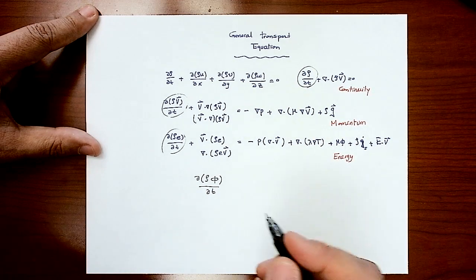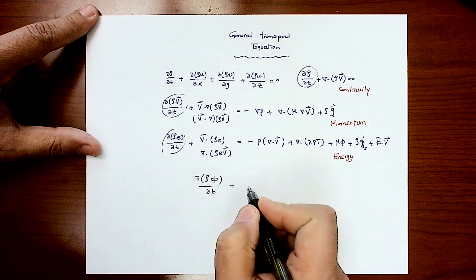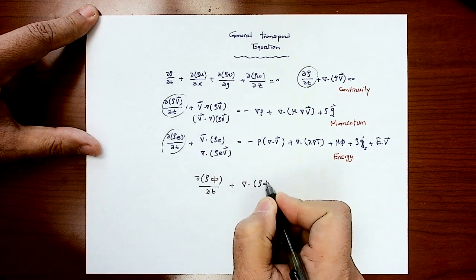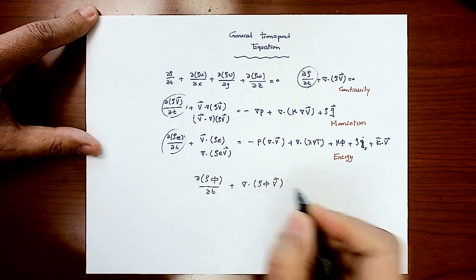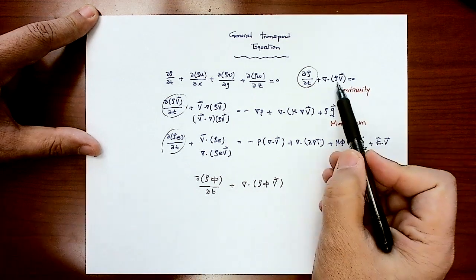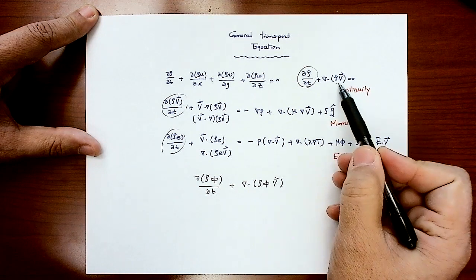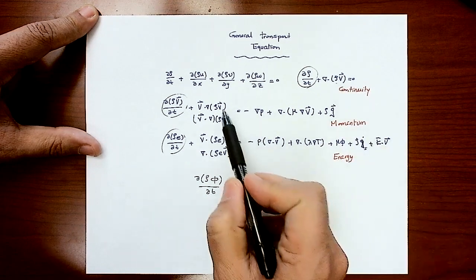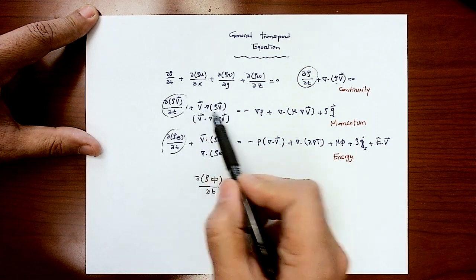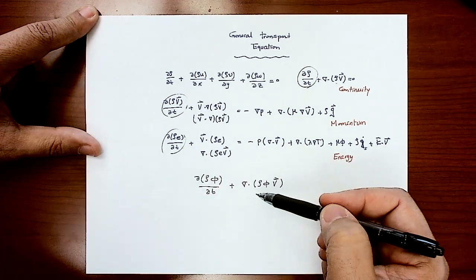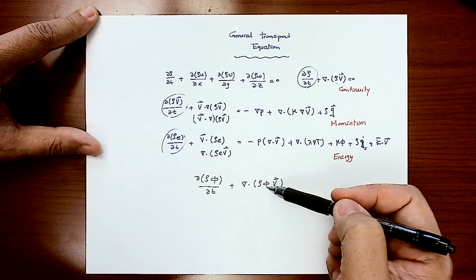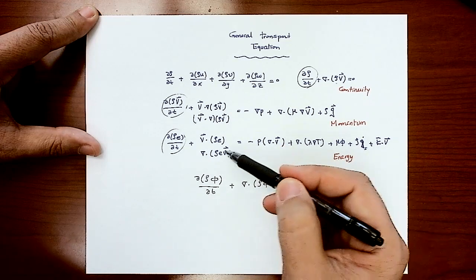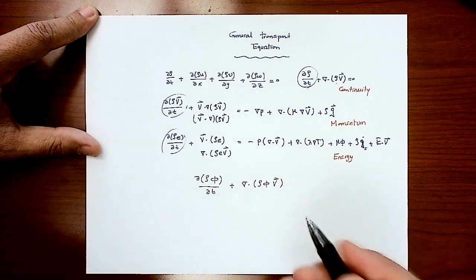Then a second term related to convection can be written as nabla dot rho phi times v. You can tell, again, if phi is equal to 1, I'm here. If phi is equal to v, because I have a couple of v's in here, it takes me to the momentum equation. If I put phi equal to e, it will take me to the energy equation.